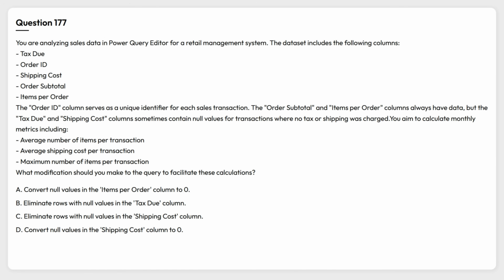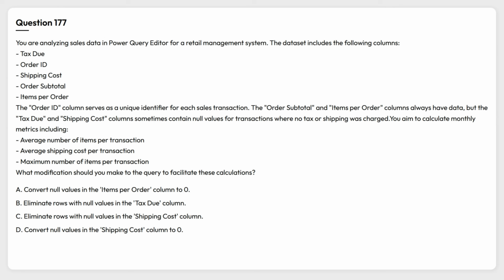The order ID column serves as a unique identifier for each sales transaction. The order subtotal and items per order columns always have data, but the tax due and shipping cost columns sometimes contain null values for transactions where no tax or shipping was charged.